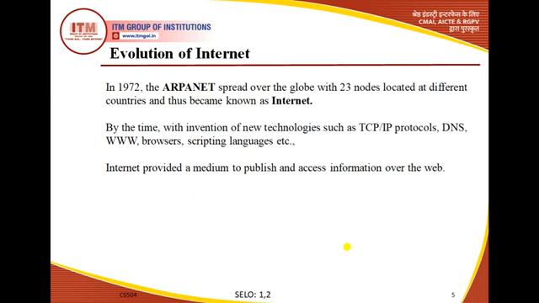But with the advent of the internet, it became possible to float it on the web, so that each and every person who has internet connectivity can have access to that information. So information could be published and accessed over the web. The internet provided this opportunity that users sitting in any country can access the information over the web.